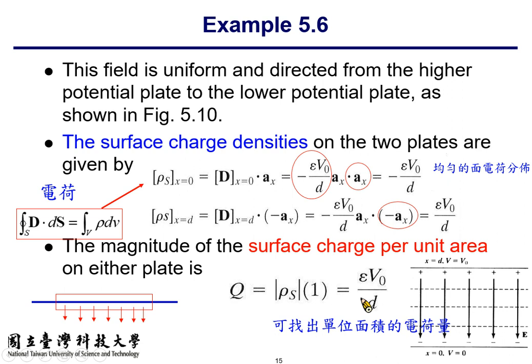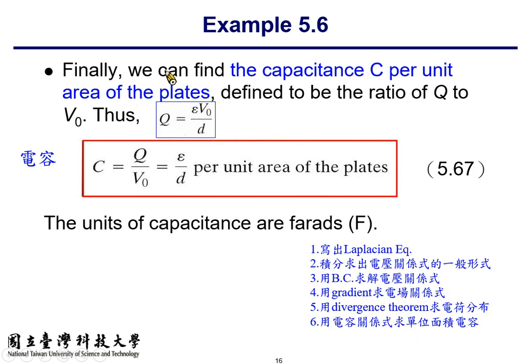Be careful. You should notice that the total charge is proportional to epsilon. What is that? The permittivity. And we will find out the significance of this in the next slide.